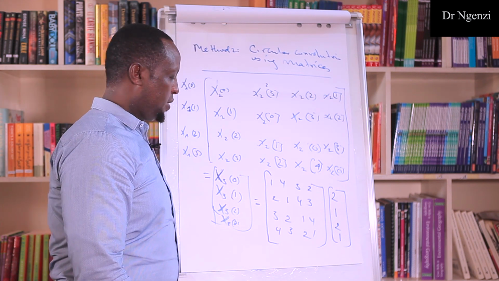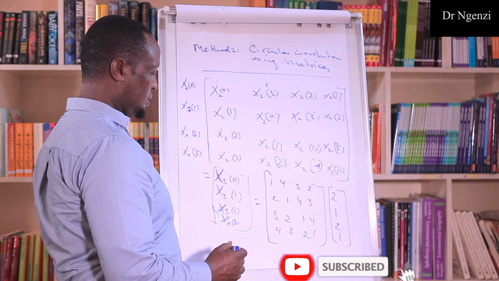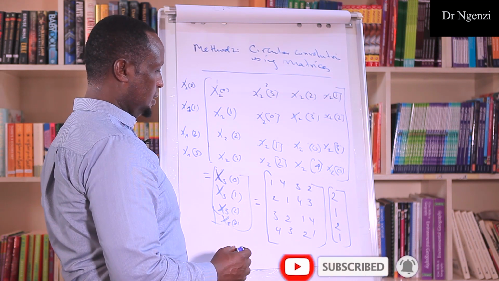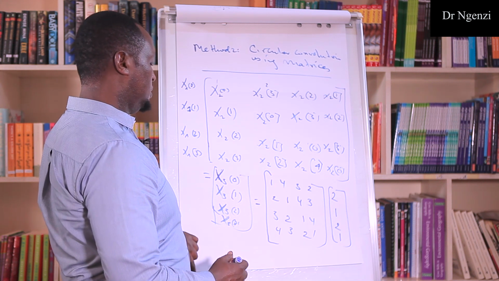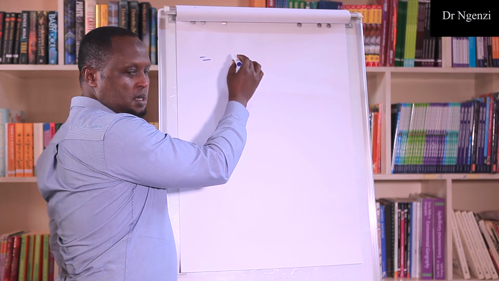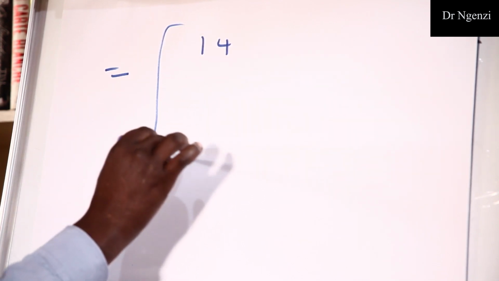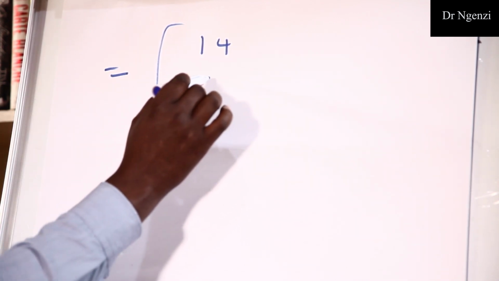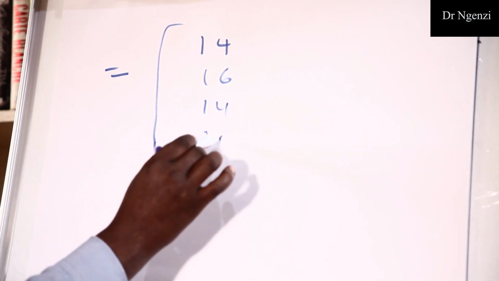So you will end up getting the value 14, 16, 14, 16.